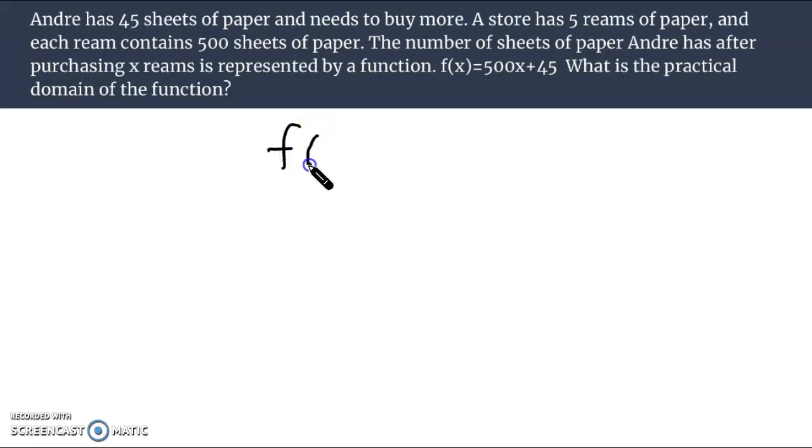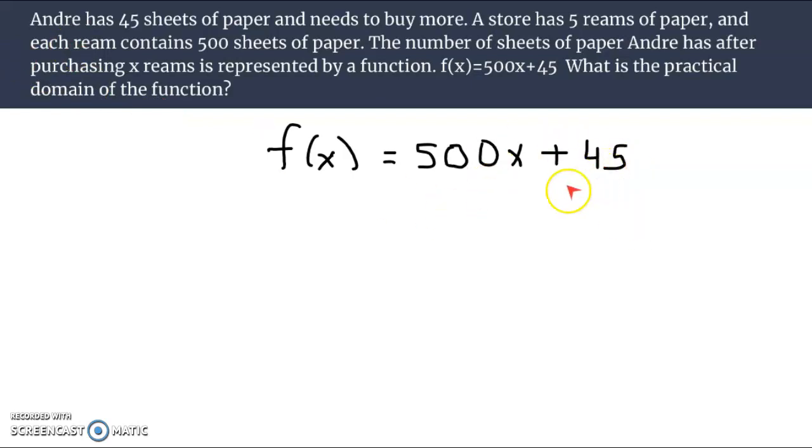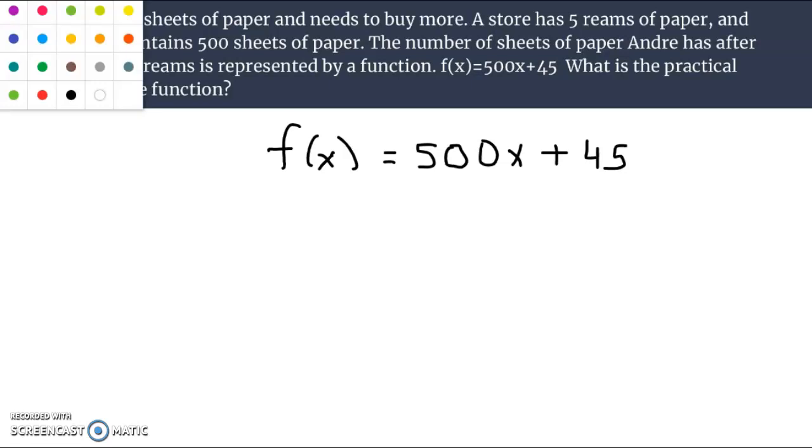Let's just look at the function for a minute before we answer that. In 500x, x is the number of reams of paper, and we're going to assume you can't have half of a ream or a fourth of a ream or a fifth of a ream. This is saying how much paper he has. He has 45 sheets. He needs to buy x number of reams, each ream being 500. The phrase buy more says we need more, so we definitely can't use 0.